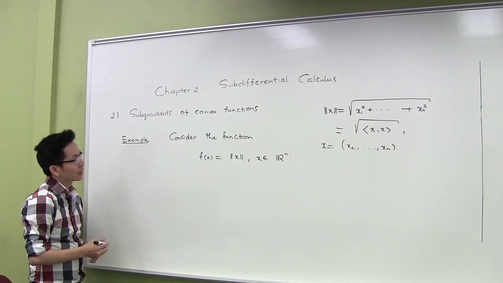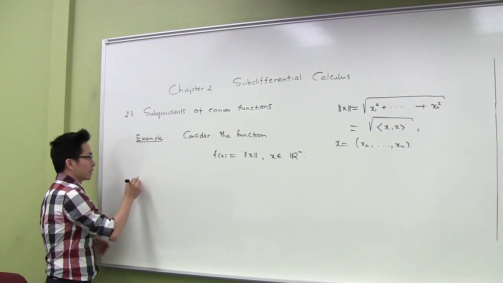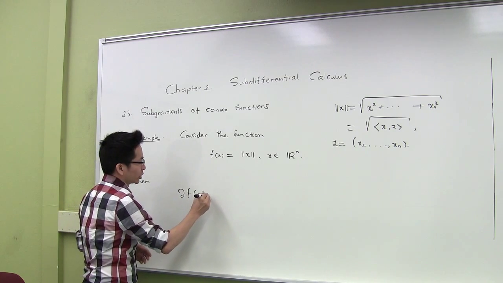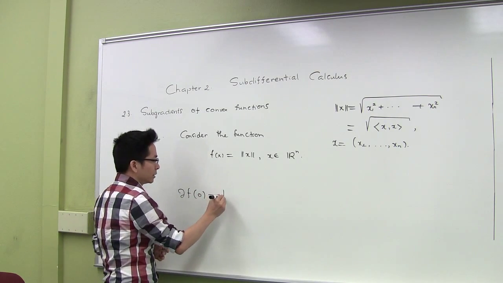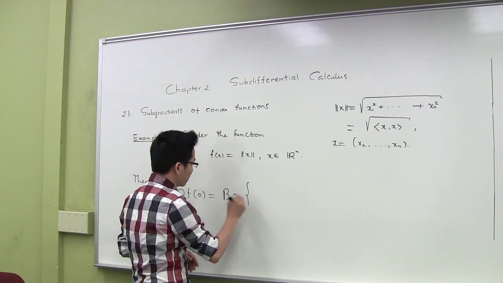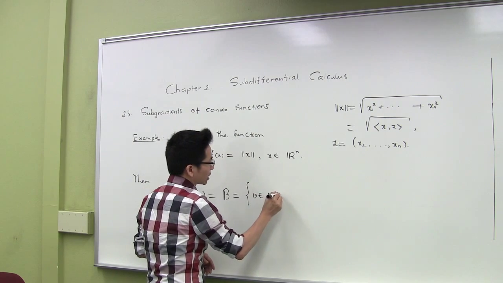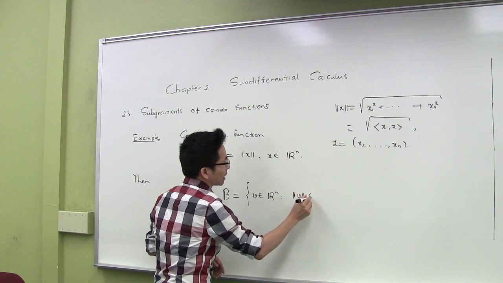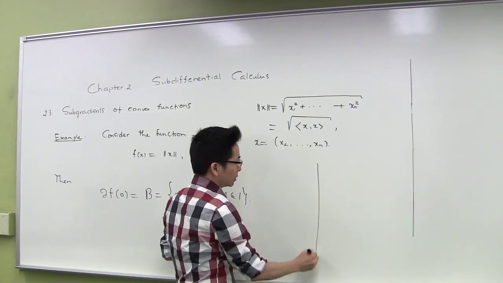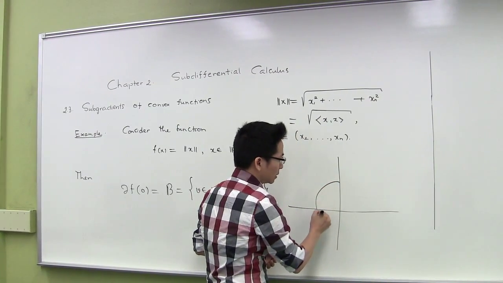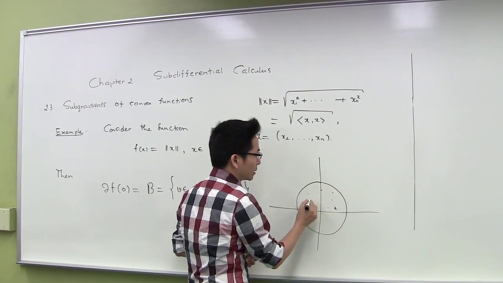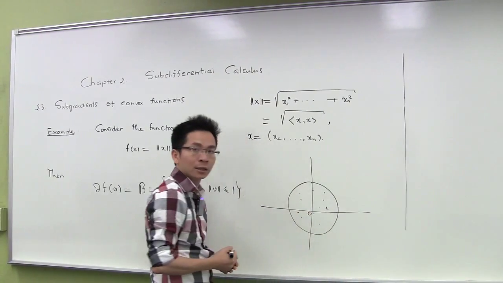Now let me go ahead and prove the following. The subdifferential of f at the origin is the closed unit ball of Rn, which is the set of all v in Rn such that the norm of v is less than or equal to 1. In 2 dimensions, this is the closed unit ball, the ball with center at the origin and radius 1.